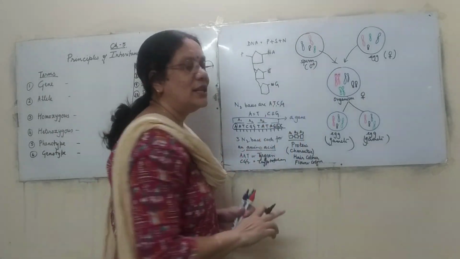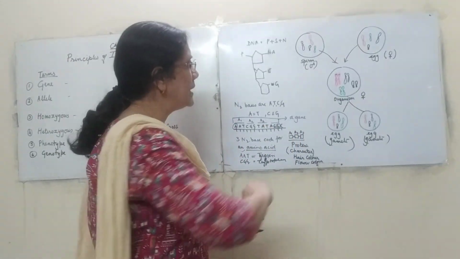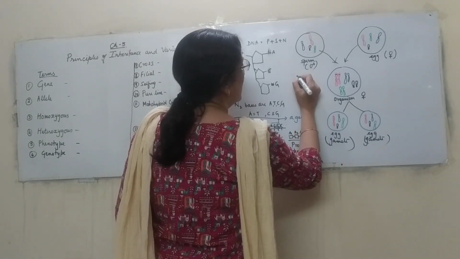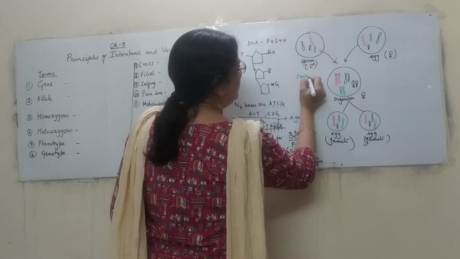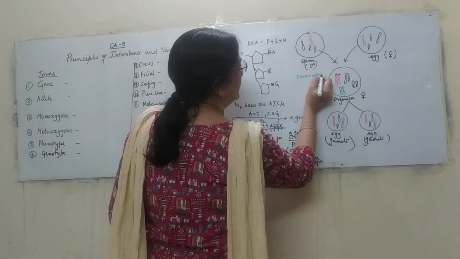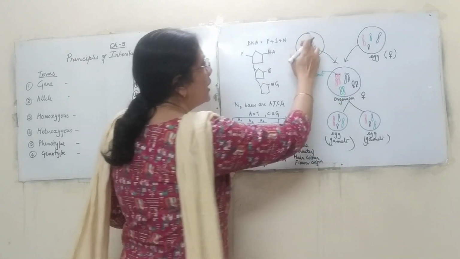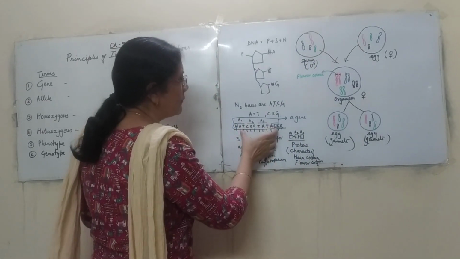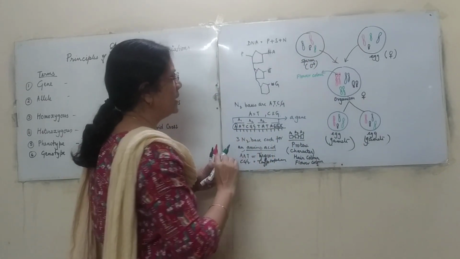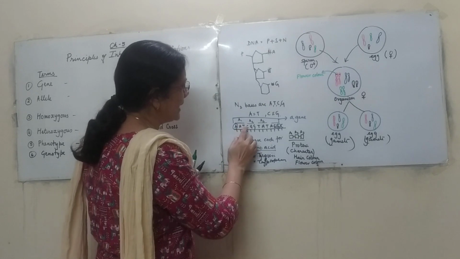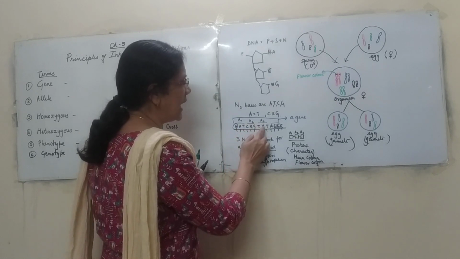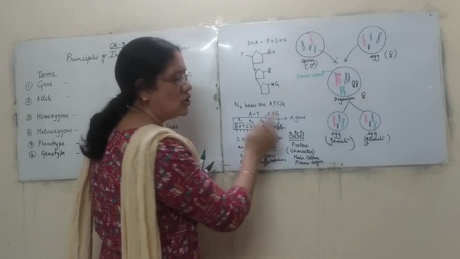Both of these genes are responsible, let us take, for the flower color. Now in the father, this was present. The pattern was AATC GG TAT GG.